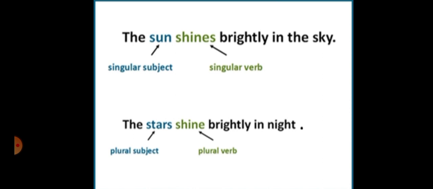This sentence is also written in simple present tense. And that is why with a plural subject, the verb shine is used without adding s or es. You need to remember this, that with singular subjects we always take singular verbs, and with plural subjects we always take plural verbs.